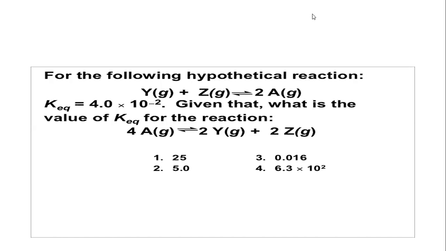Because with the first equation, the reactants were Y and Z, and the product formed was A. But looking at the second equation, although it has been multiplied by 2 throughout, there was a change: A became the reactant, and Y and Z became the products.